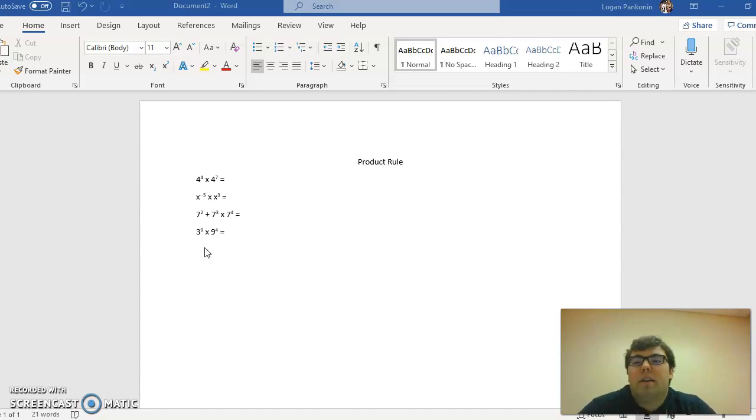And the second thing is that if we have the same base, to use the product rule what we do is we add exponents. And so I'll just write out this example. We have 4 to the 4th power, which means we take 4 times itself 4 times.